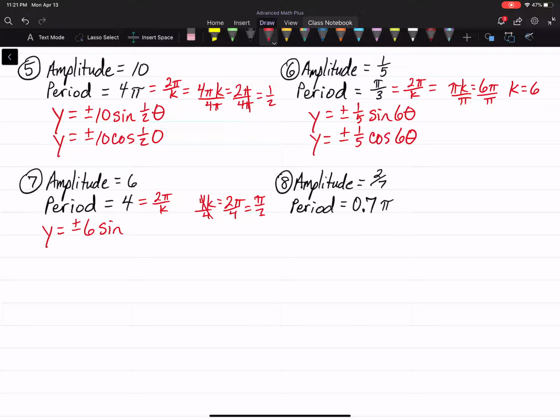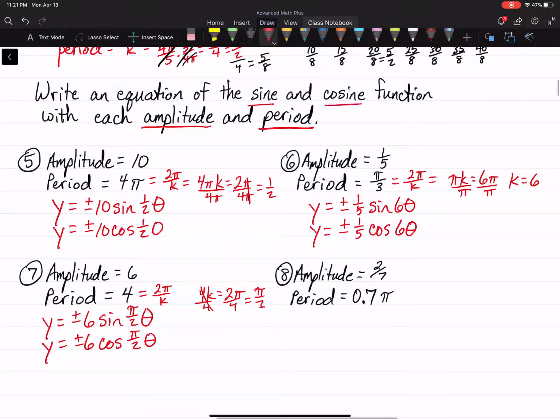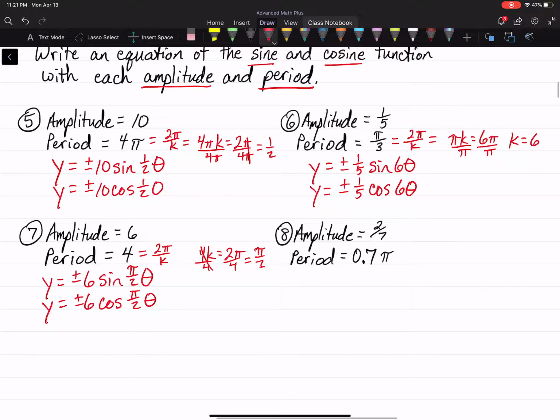So that's pi over 2 times theta. Plus or minus 6 cosine of pi over 2 times theta. And again, most of the time when you have problems like these, they don't ask for both the sine and the cosine function. They're just going to ask for one. I'm just showing you how to do it for both. You just change one to sine and one to cosine.